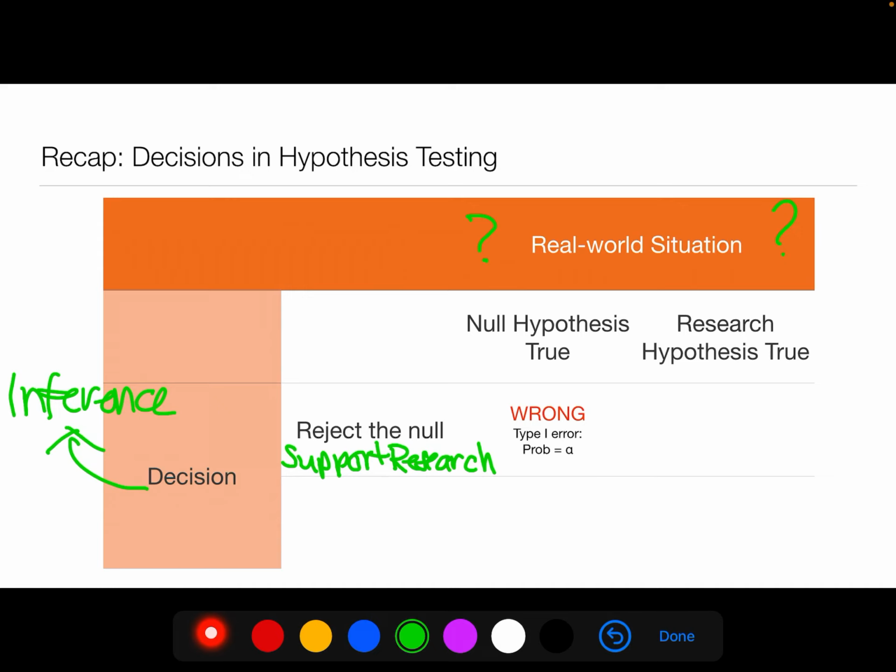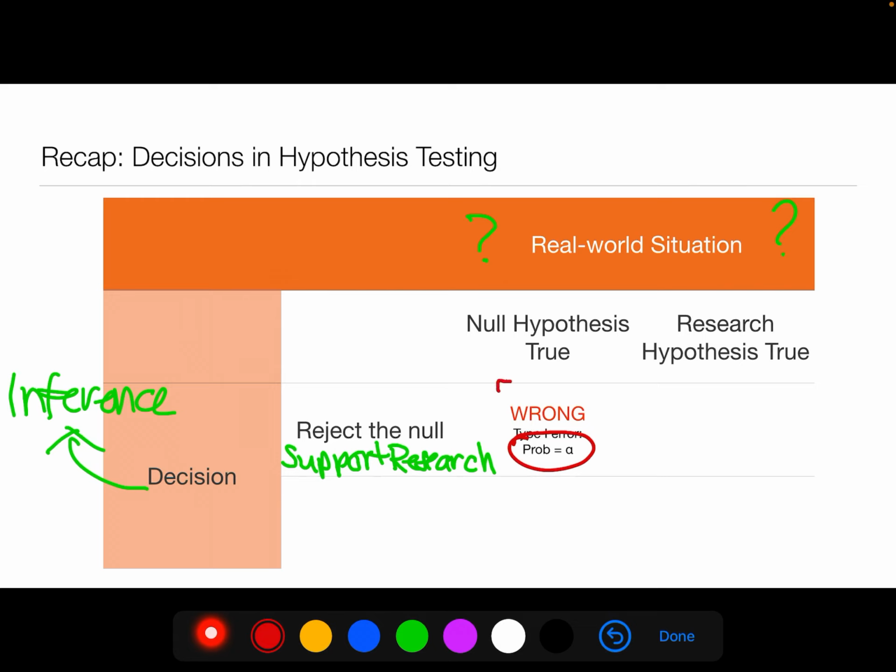The type of error we have made is a type 1 error, where we are saying there's an effect when there's not really an effect. We really don't want to make that error, and it's the one kind that we have control over, so we get to set that value with alpha. So alpha is the probability of making a type 1 error.